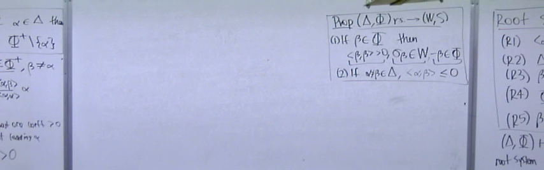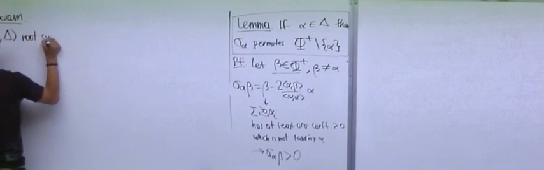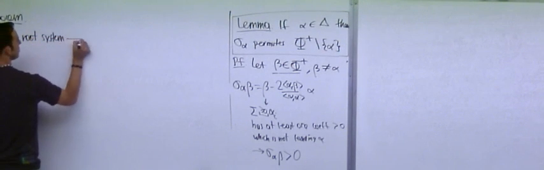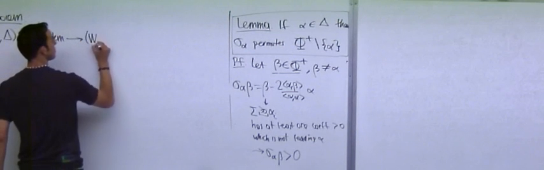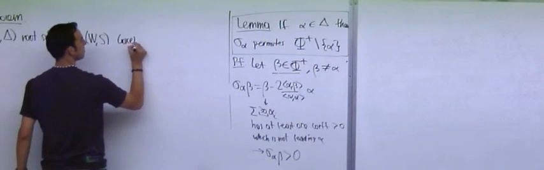Well, it's not my theorem, of course. But here's the main theorem that we want to prove today, is that if we start with a root system, and we construct W and S in this way, as I described over there, what we get is a Coxeter group.